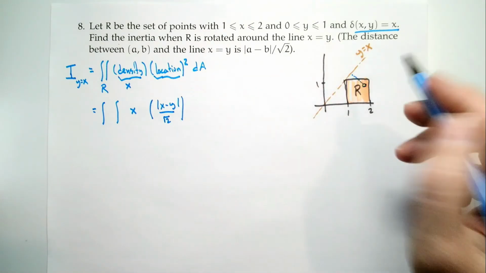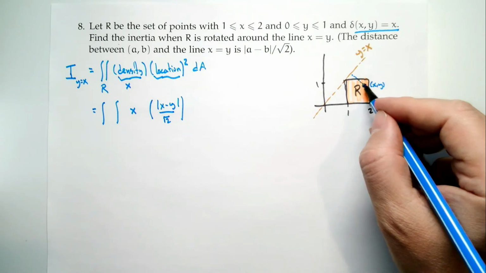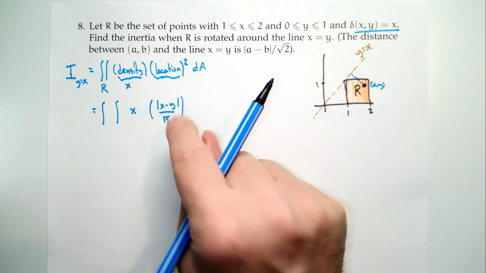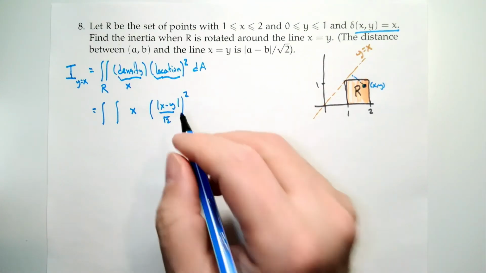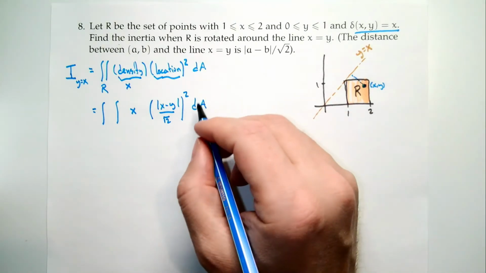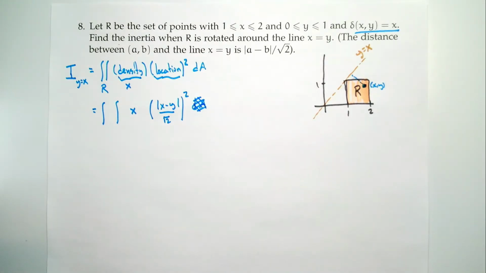If I were thinking of this as a particular point x comma y, that's this part right here. That's the distance, or if you like, the location, squared. Good. Now let's go ahead and get the bounds in there. Do you want to do dx dy or dy dx? Dealer's choice. Which one?